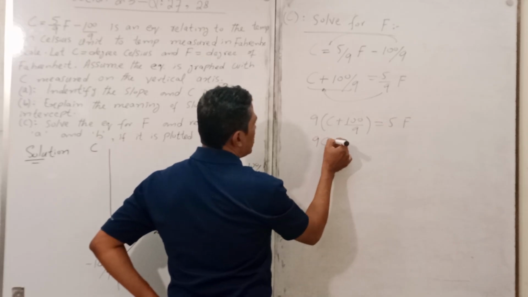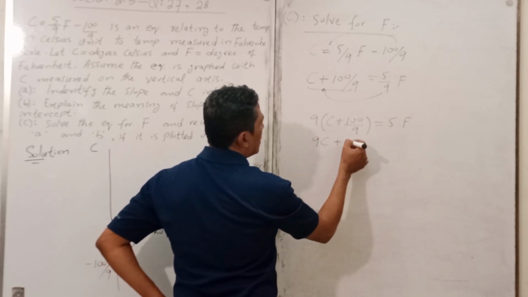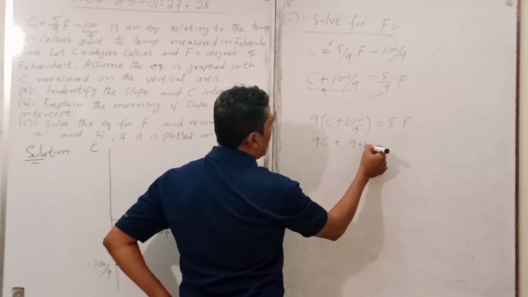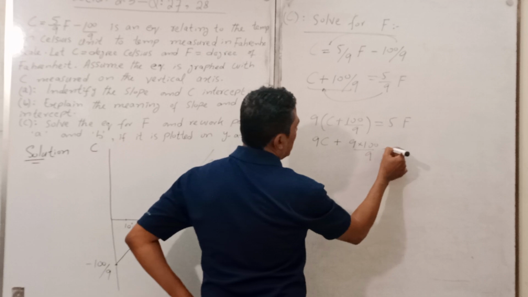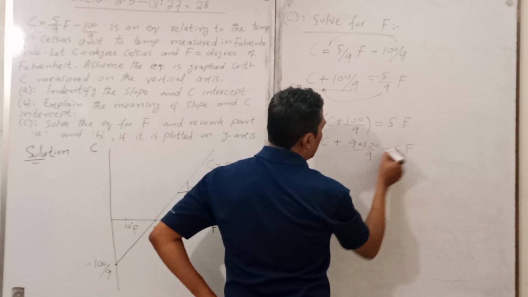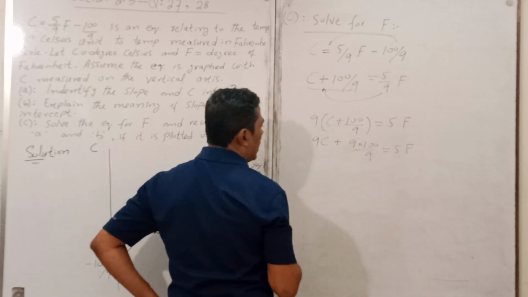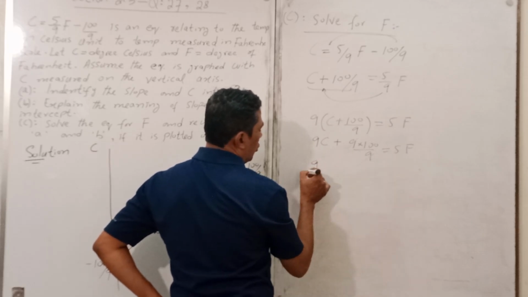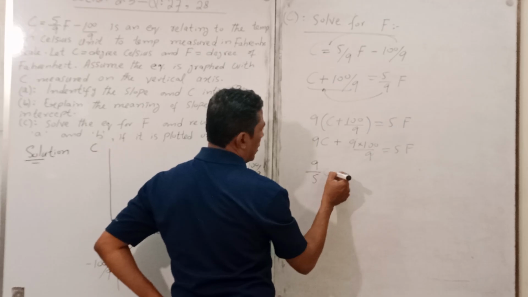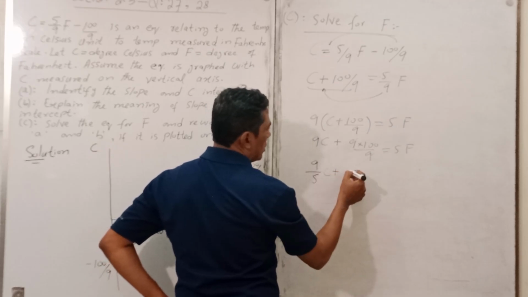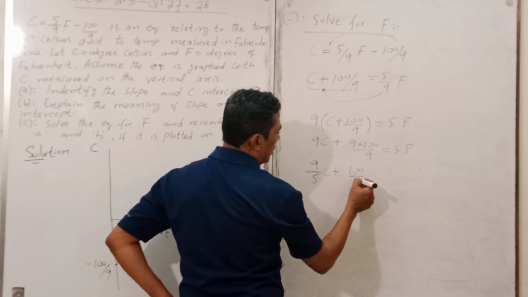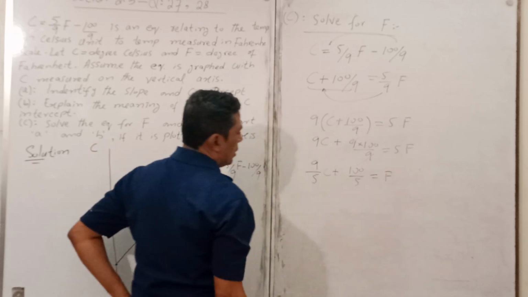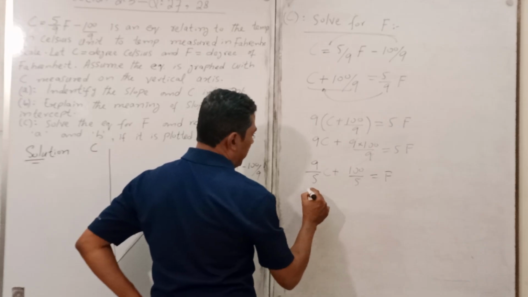Similarly, it becomes 9C plus 9 multiplied by 100 over 9 equal to 5F. So the 9 is cancelled out, and now you can divide by 5, to get 9 over 5 C plus 100 over 5. So it becomes F equal to 9 over 5 C plus 20.